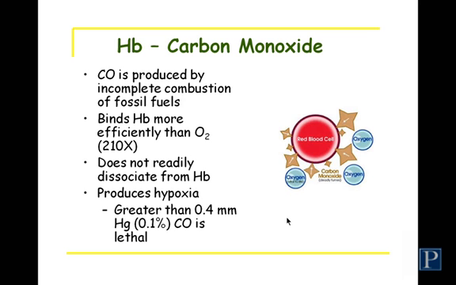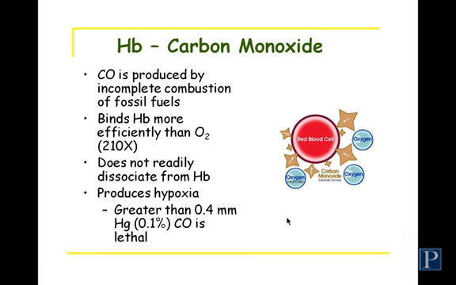So what happens if carbon monoxide poisoning is suspected, the treatment is obviously to remove them from the source of the poisoning, and they will administer about a 95% oxygen, 5% CO2 mix. The reason they give a high percentage of oxygen is they're going to try to force more oxygen in the dissolved state to force the carbon monoxide off of the hemoglobin molecule.